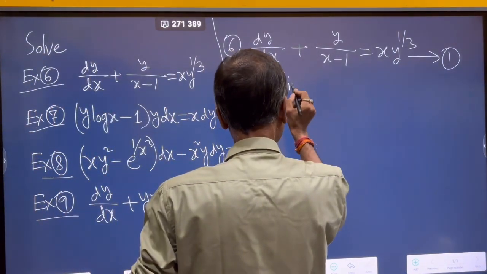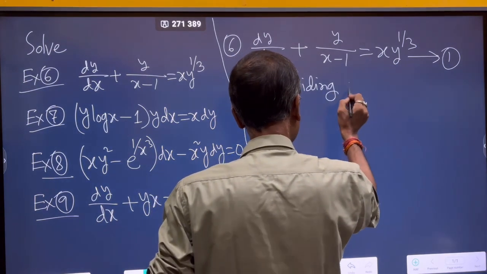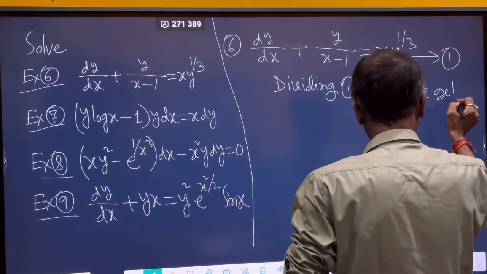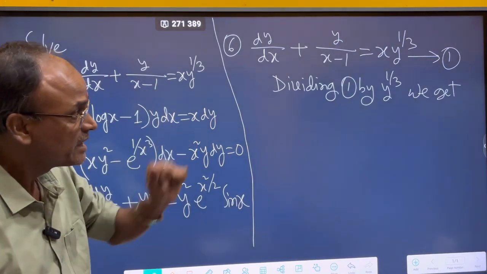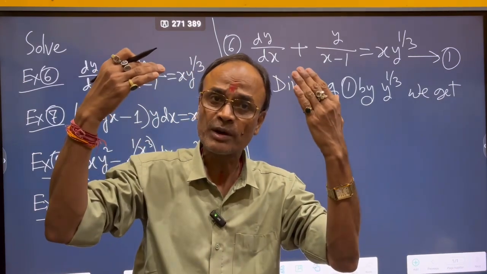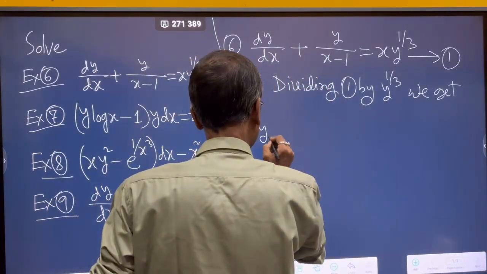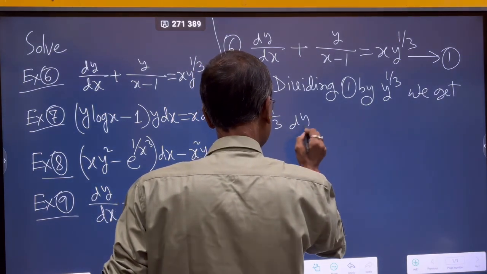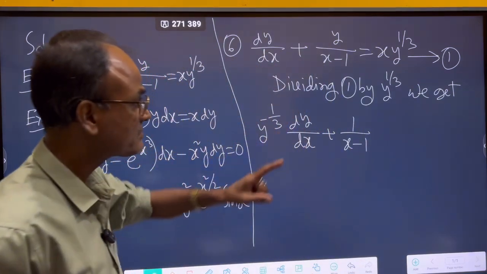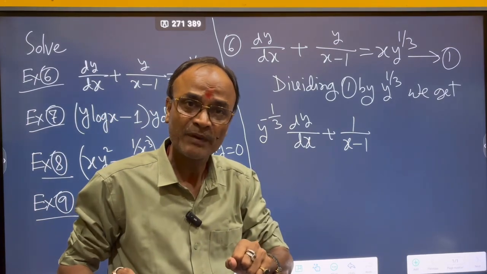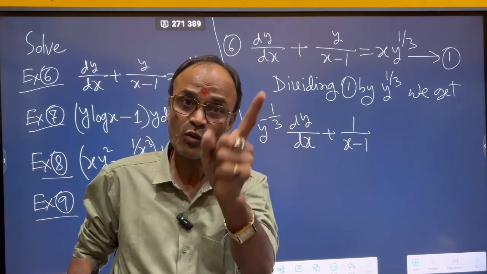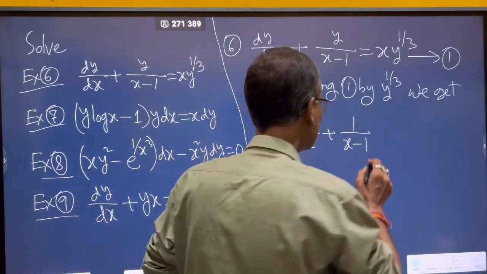Dividing by y to the power 1 by 3, we get y to the power minus 1 by 3 dy by dx plus 1 by (x minus 1) times y divided by y to the power 1 by 3, which is y to the power 1 minus 1 by 3, that is, y to the power 2 by 3.